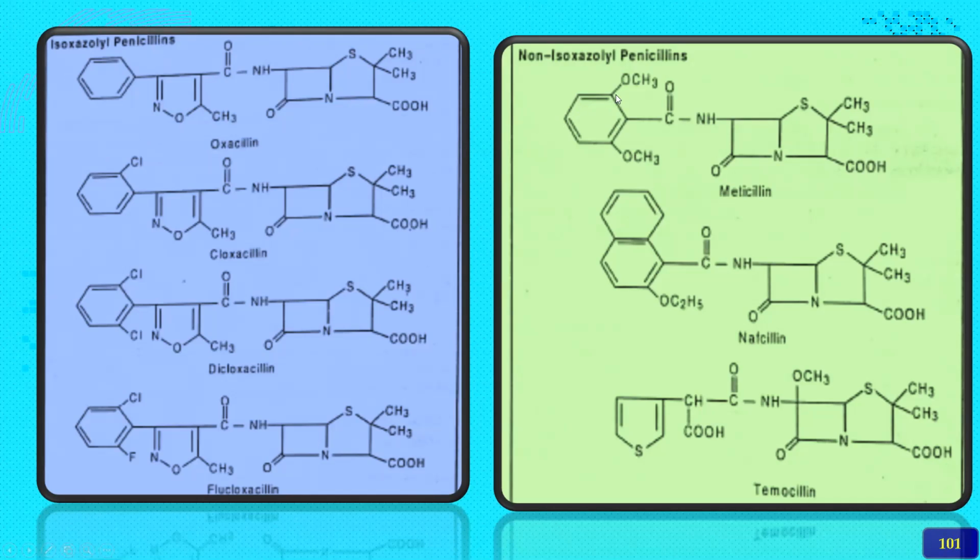Here the OCH3 or methoxy group is also present. An ethoxy group, OC2H5, is present, especially in the case of nafcillin, whereas ticarcillin will have a different structure when compared to both other non-isoxazolyl penicillins.